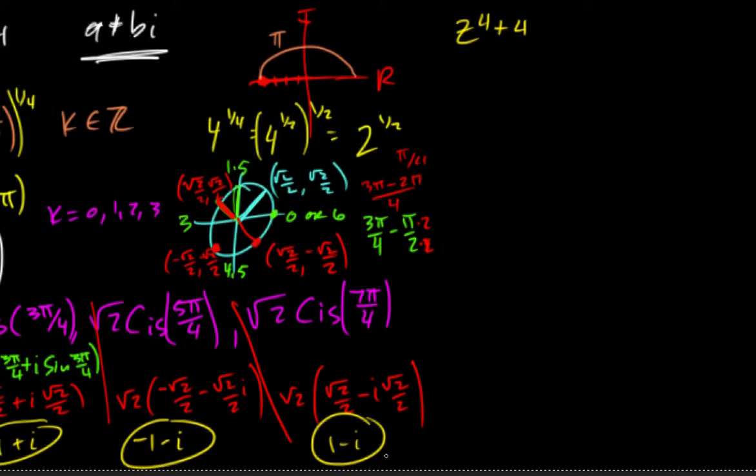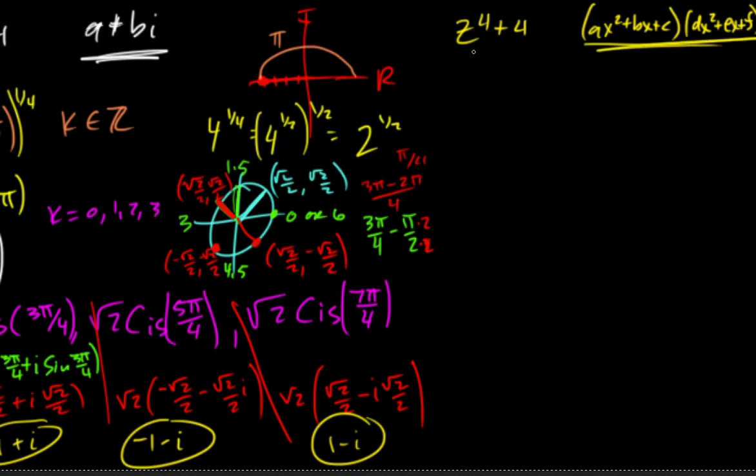Let's see, what did it want again? Hence write as a product of real quadratic factors. Okay. So it wants us to do like ax squared plus bx plus c times dx squared plus ex plus f. So our final answer, it wants it to look like that.